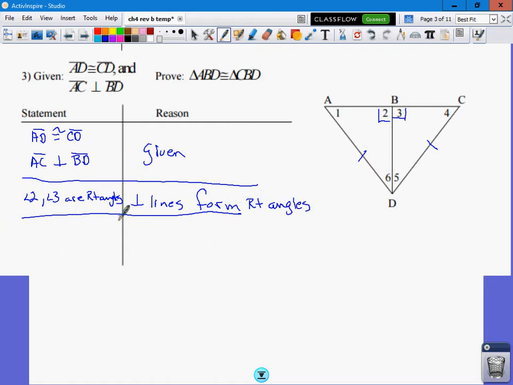Well, if 2 and 3 are right angles, then triangle ABD and triangle CBD are in fact right triangles. That's simply by the definition of a right triangle.